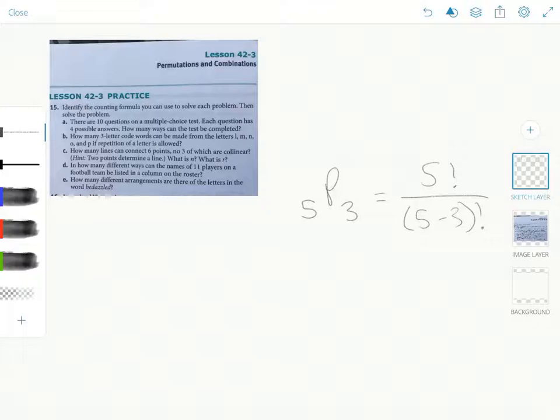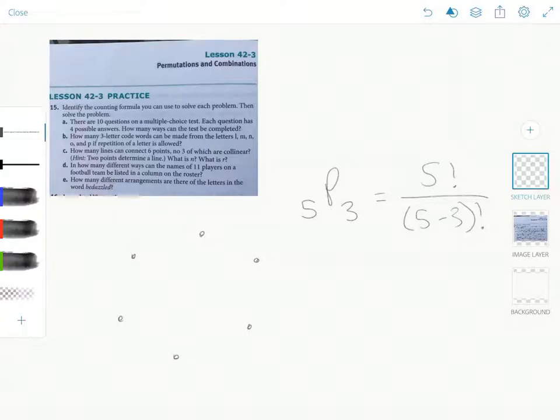Okay. How many lines can connect 6 points, no 3 of which are collinear? What is N? What is R? Geez, that is not immediately obvious. No 3 are collinear. So 1, 2, 3, 4, 5, 6, I think would be a good example.